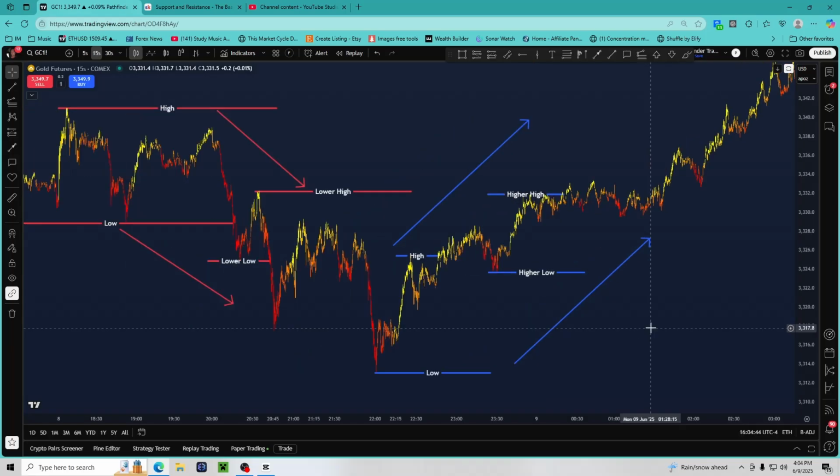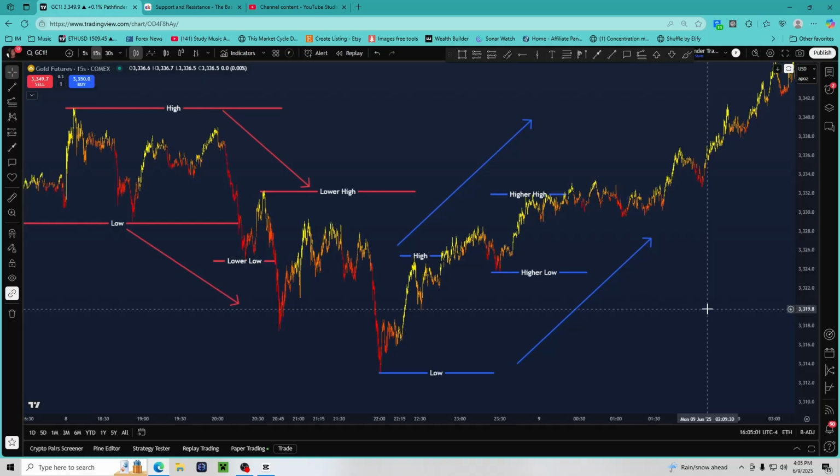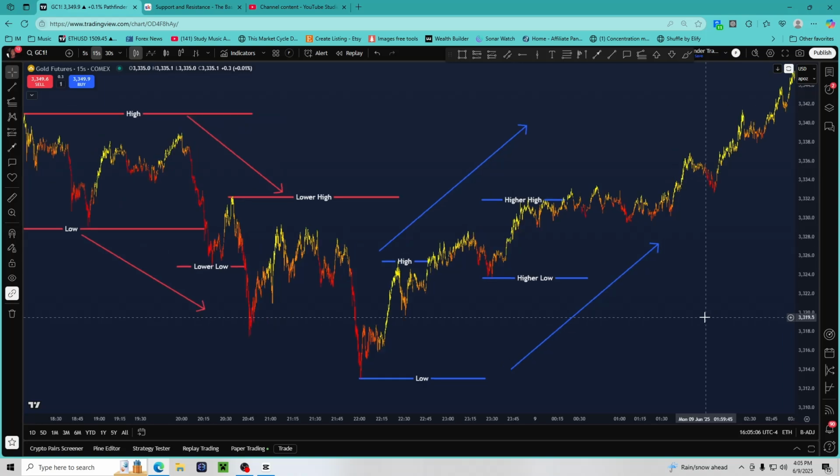If you have lower lows and lower highs, you're in a downward trend. If you have higher highs and higher lows, you are in an uptrend in the market. And that is how you identify trends at the most easy level in the market.